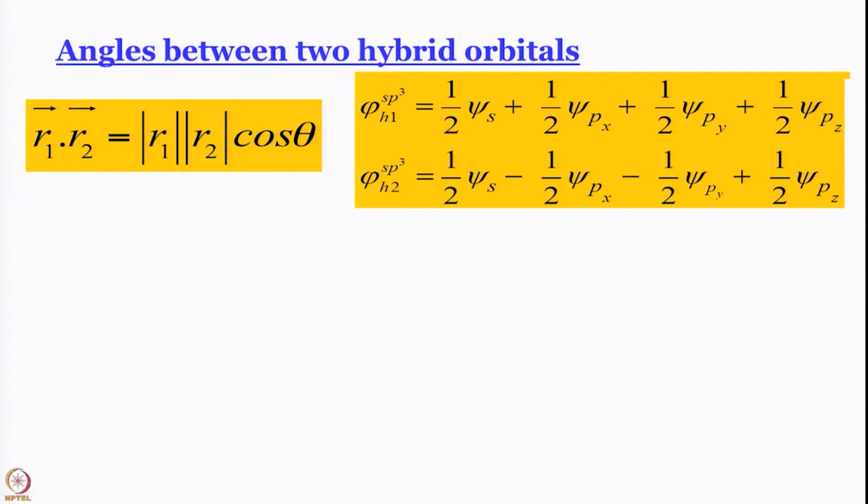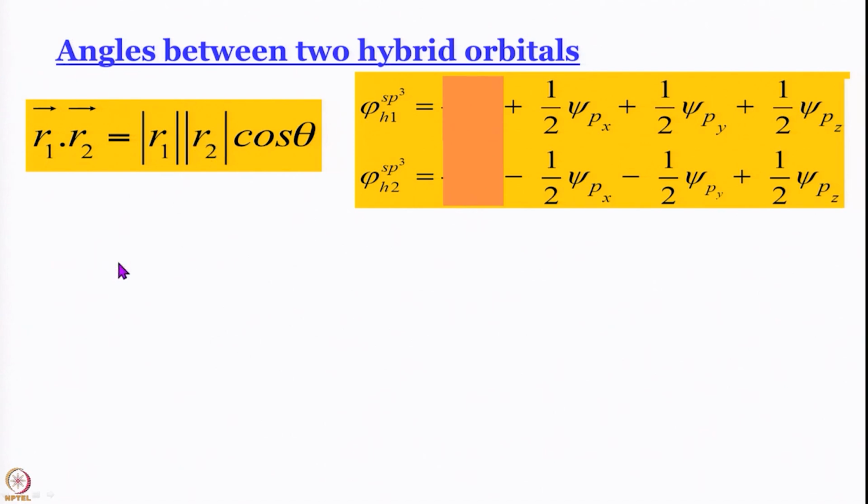So what is the unknown here? The unknown is theta. What is the angle between H1 and H2? That we do not know. But knowing the vectors, we can find out the dot product, and we can also work out the magnitudes, the length mod R1 mod R2, and we can find their product. So we can try to find cos theta by dividing the dot product of R1 and R2 by the product of their magnitudes.